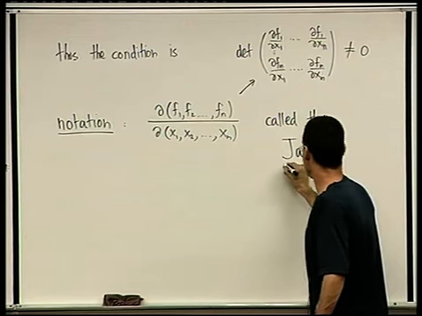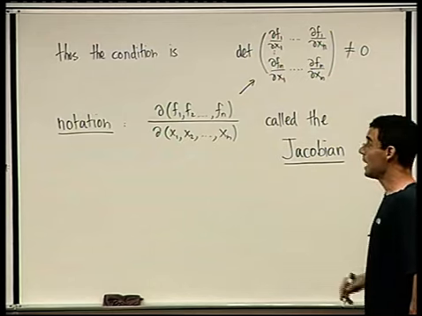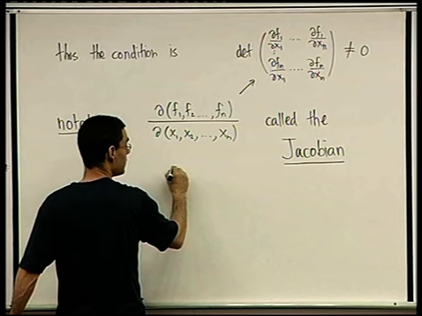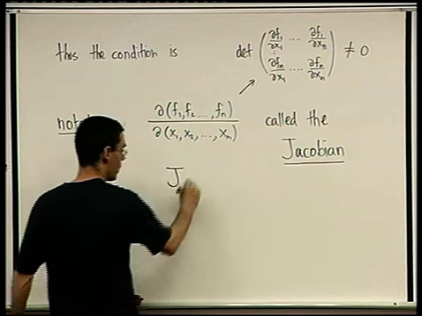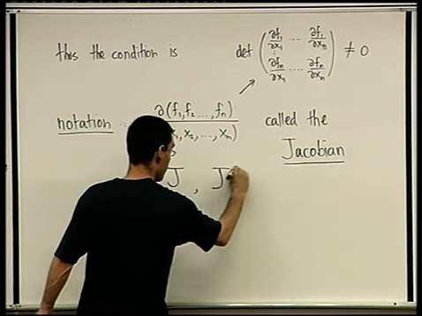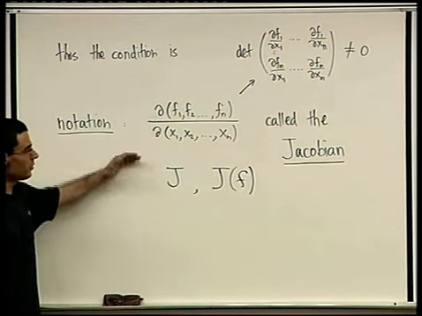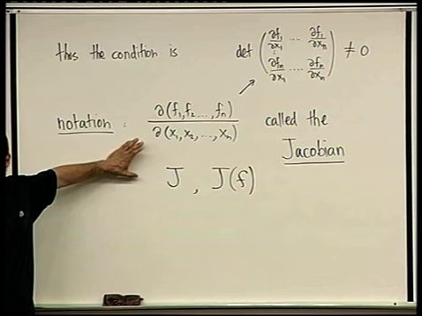Another notation you'll sometimes see is J or J of f. All of these are different notations for the same thing, the Jacobian.